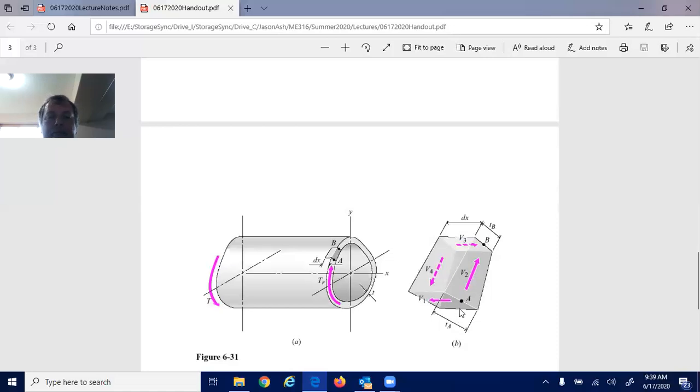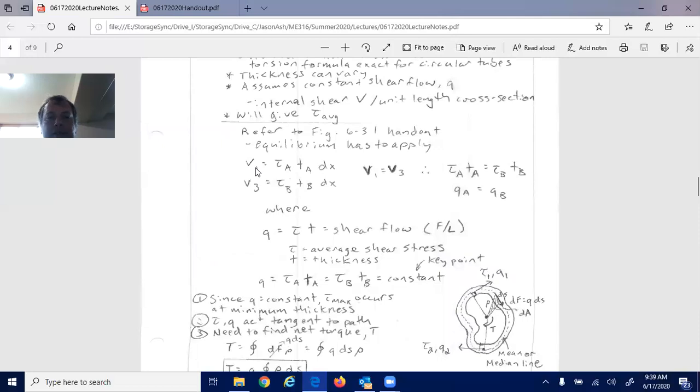As we carry that forward, V1 is equal to the shear stress at A, tau_A, times t_A dx, and V3 is equal to the shear stress at B, tau_B, times t_B dx, and we know that V1 is equal to V3 from equilibrium.